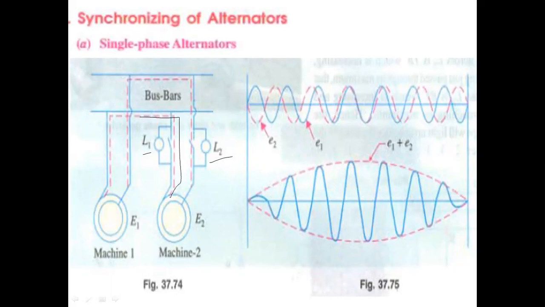Suppose the speed of the incoming machine 2 is not brought up to the speed of machine 1. That means if both speeds are not equal, then the frequency will also be different, so there will be a phase difference between their voltages.